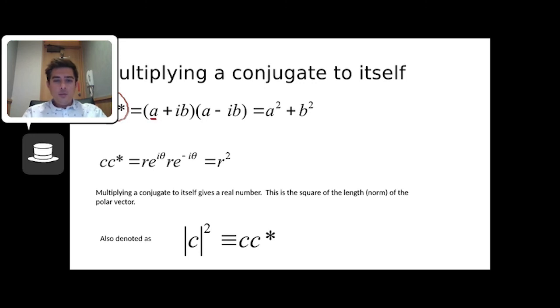If you do the multiplication, you'll certainly get the a squared. And for this term here, you get i times minus ib, so i times minus i is equal to 1, right? And then you just get the b squared term here.